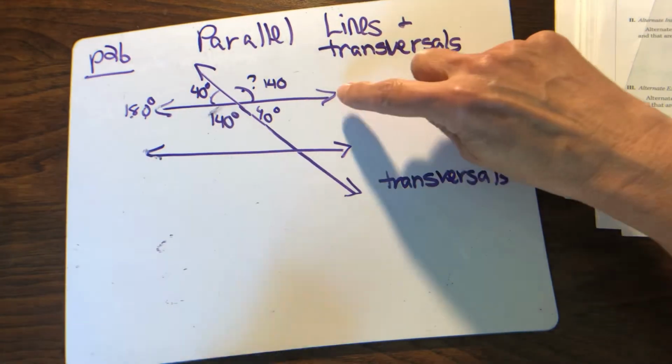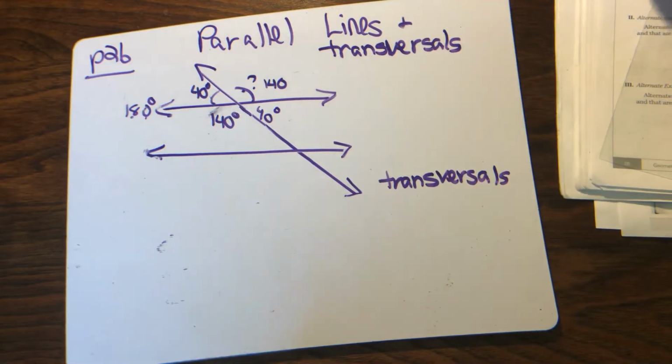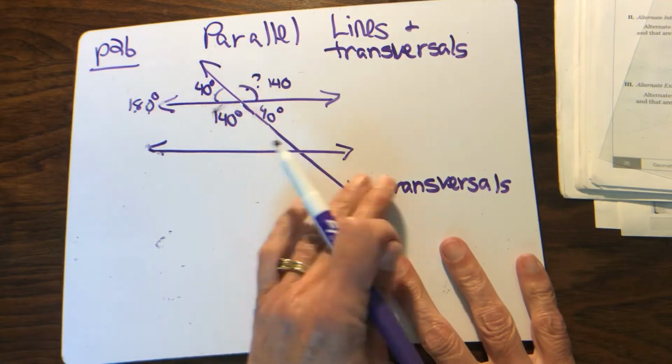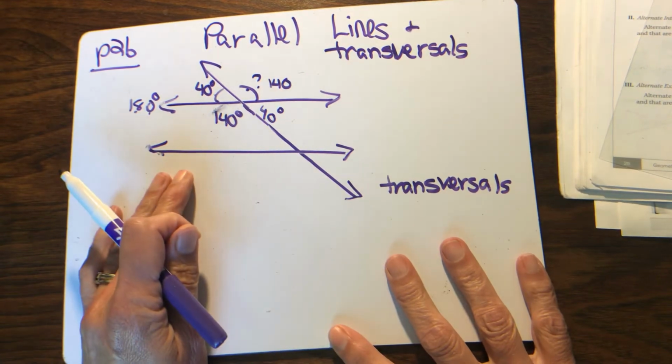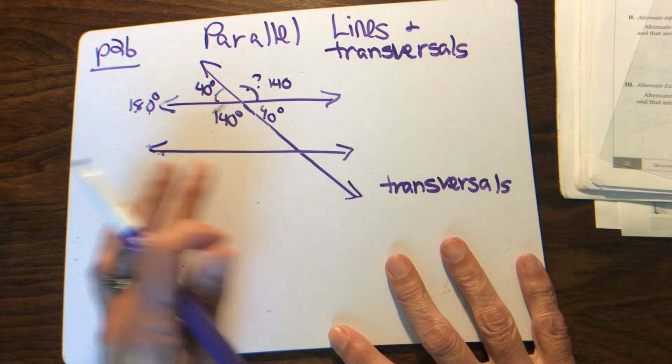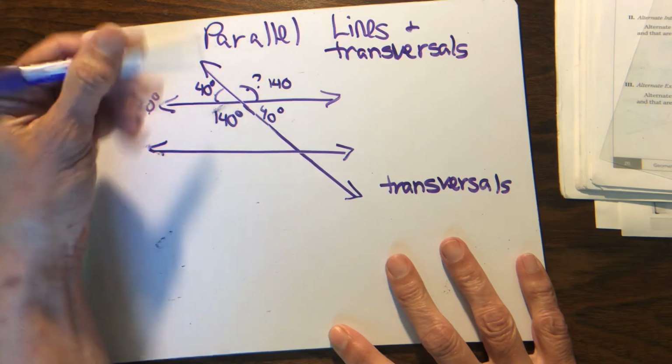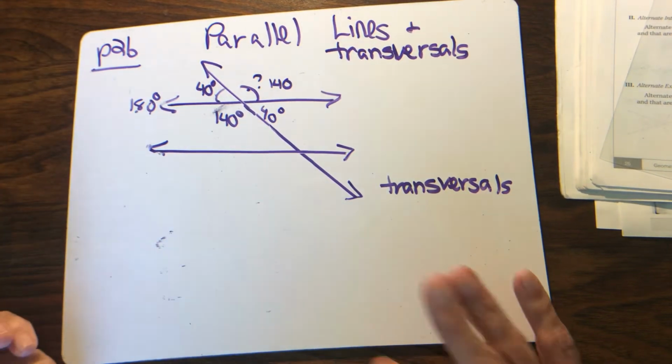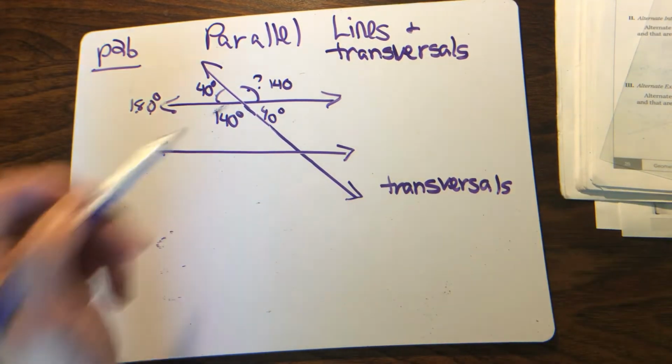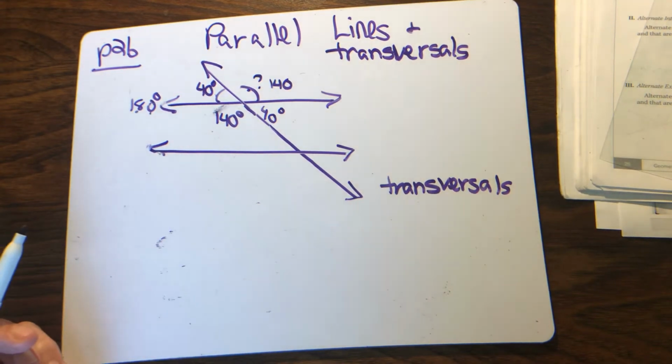So anytime you have two lines that are parallel, doesn't matter if they're going vertically or horizontally, if they're parallel and they're crossed by another line, that's going to be a transversal.